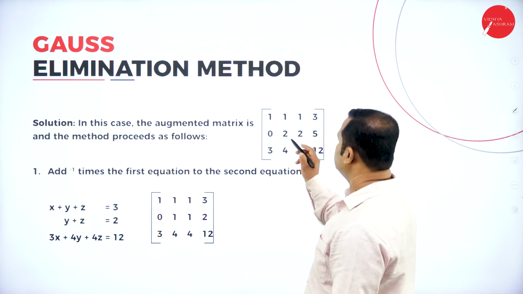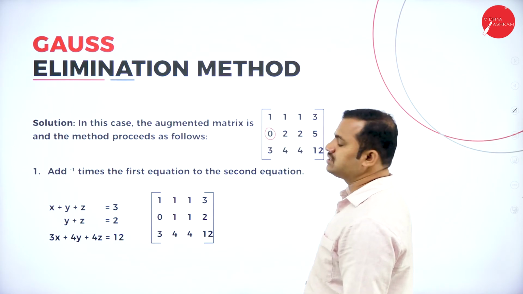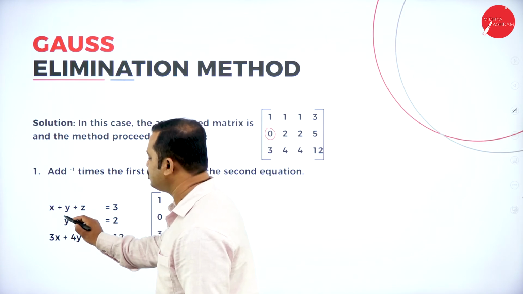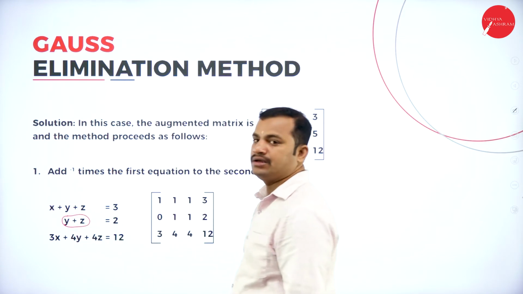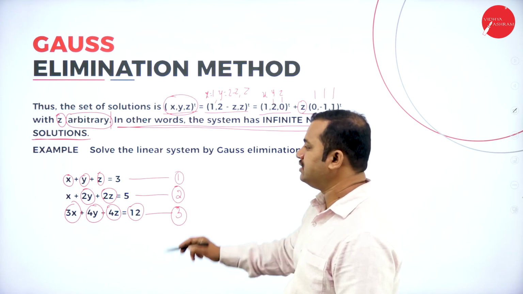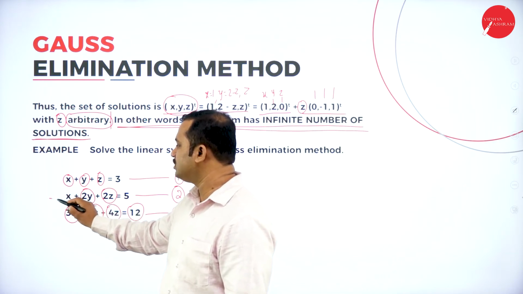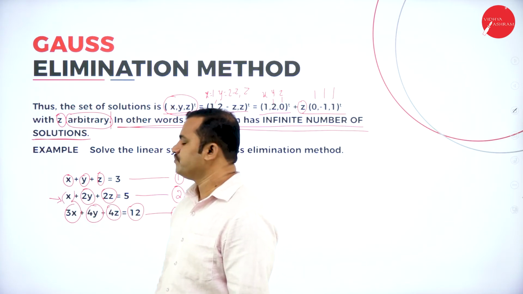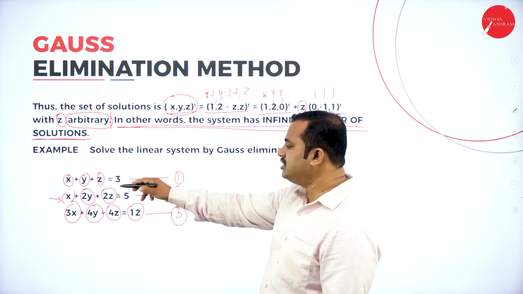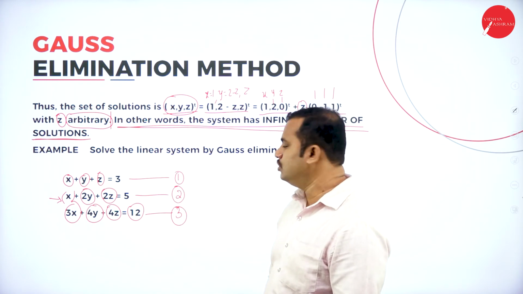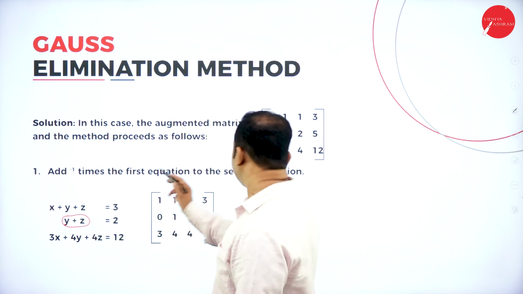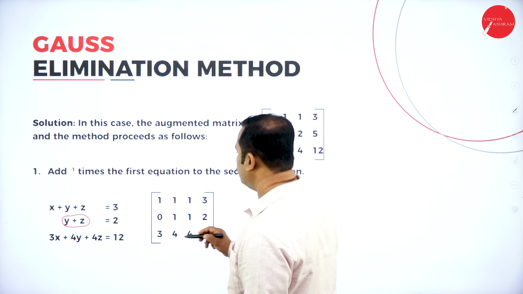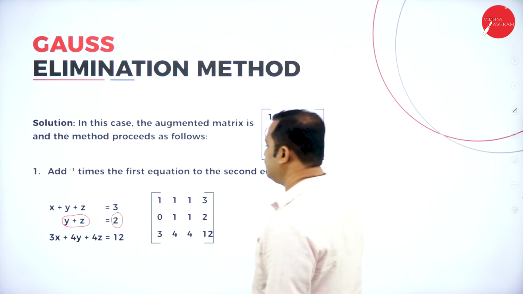I am doing a slight modification in this: in place of this x, I have y plus z, not x plus y plus z. That's why I did not indicate this with a circle, to indicate that there is no x term here. If I do the slight modification to equation number 2, I'll get y plus z is equal to 2. And I also have the value 2 here.